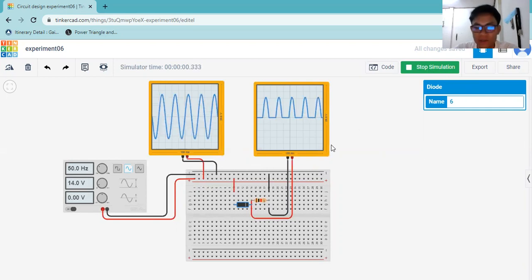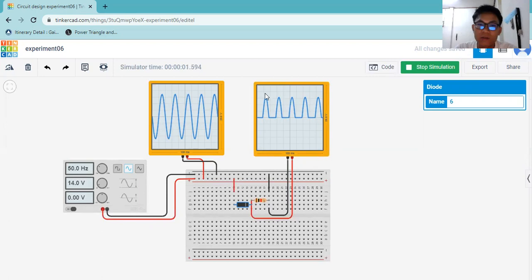And as we can see here, it's what we call a half-wave rectifier. So this is the function, the graph of the source here, the AC source. We can measure, and it has the result as shown in this oscilloscope.